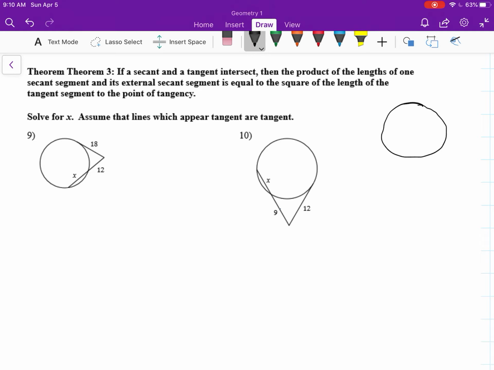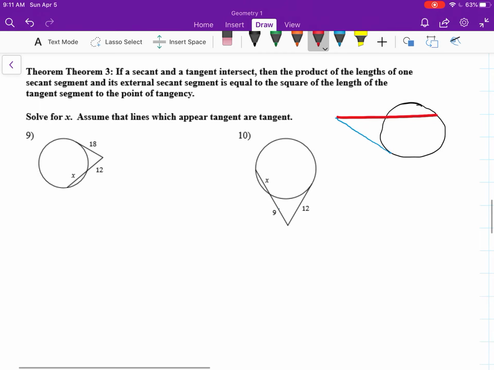So we have a secant segment times a tangent segment. I'll do my best to draw a tangent segment here. Then the product of the lengths of one secant segment and its external part, so same idea as last time.